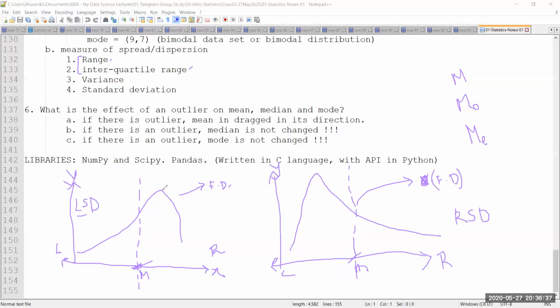Now if I'm trying to calculate the mode, the mode will be the number where I have the highest frequency. The highest frequency is at the top, so the mode value is here. This is going to be where the mode is. If I carefully look into the aspects, I will come to know where the median lies, and in that way I should be able to find out which is greater than what.